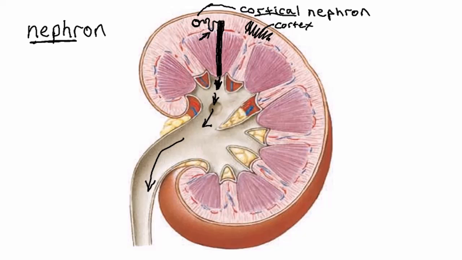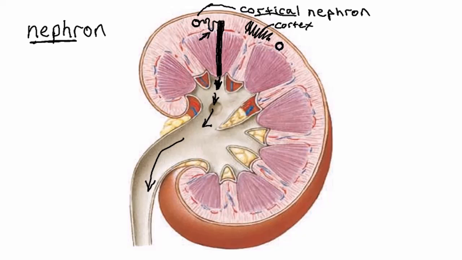Now there's another type of nephron, and many of them are in each pyramid, but I'm going to draw this second type of nephron in a different pyramid just for the sake of space so it doesn't look too messy.